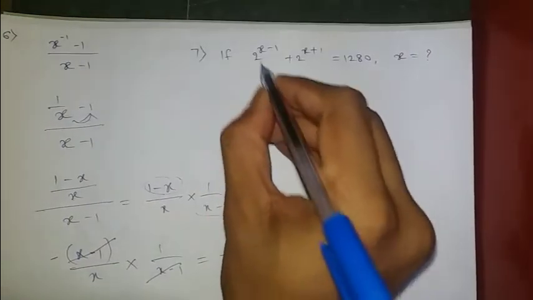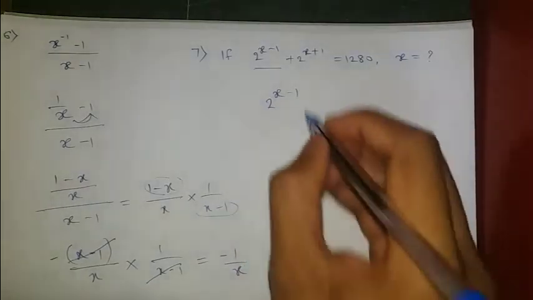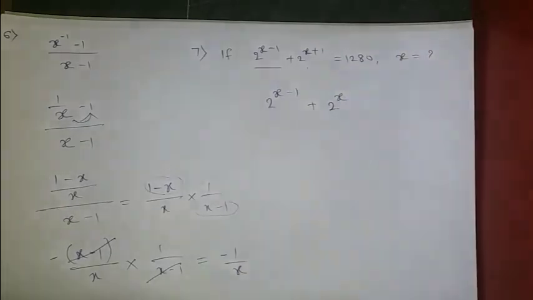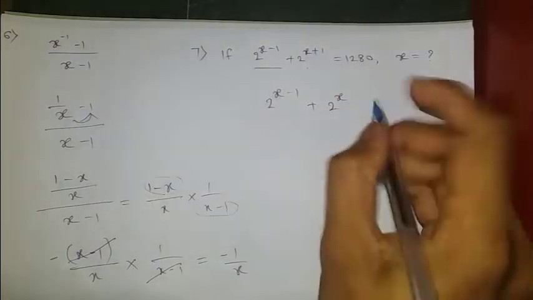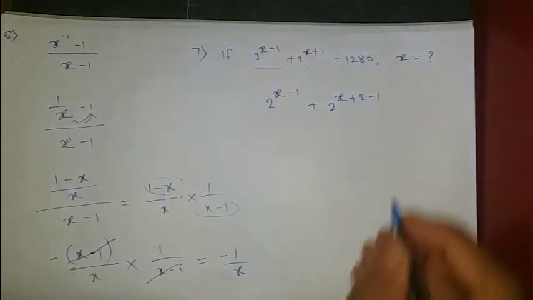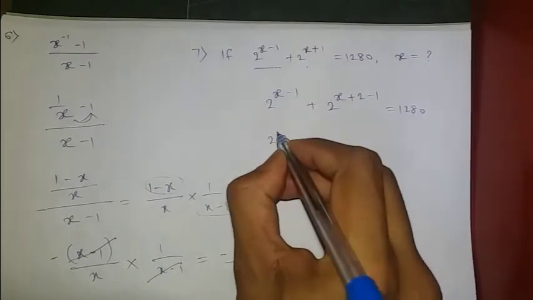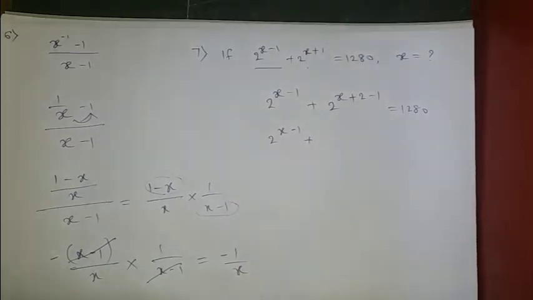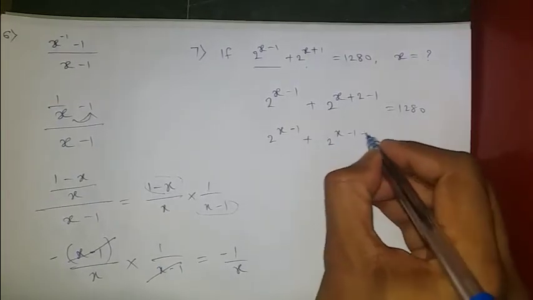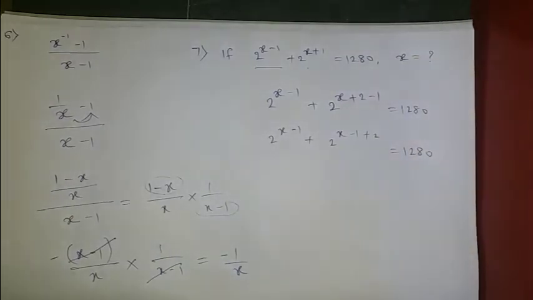The first term 2 power (x minus 1) I am writing as it is, plus this 2 power (x plus 1) I will write as 2 power (x minus 1 plus 2), which is equal to 1280.